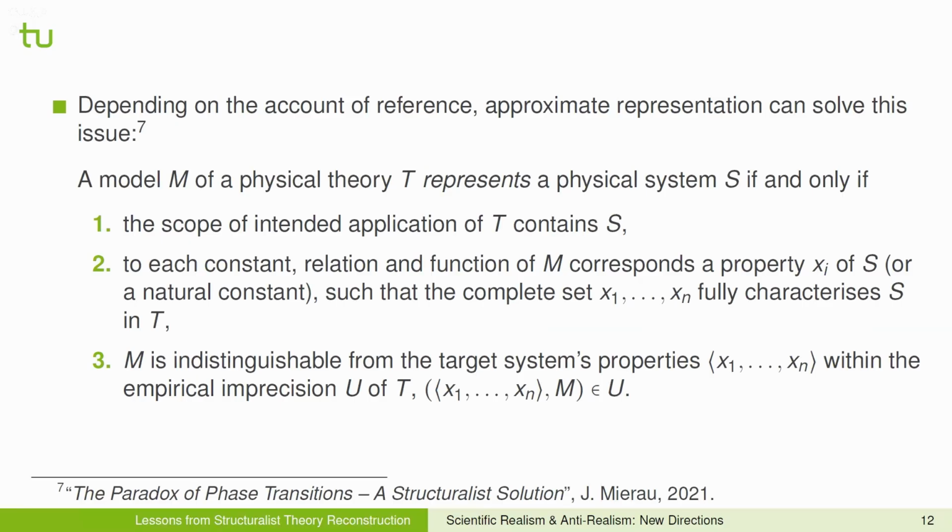The only thing is that we have a model with the theoretical properties and a system with some measurable properties. We will then simply demand that the theoretical properties and the measured properties are within the same blur, in one neighborhood. And so we could define something like an approximate representation.